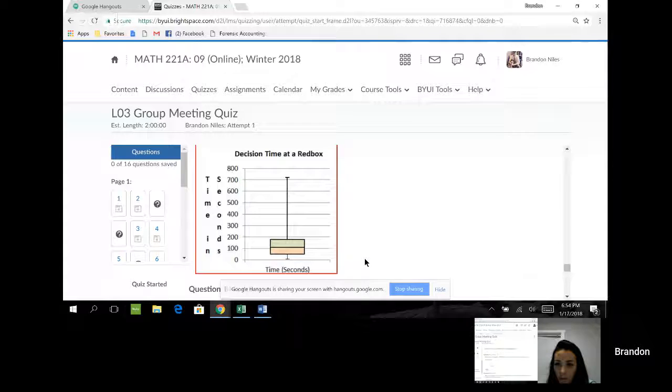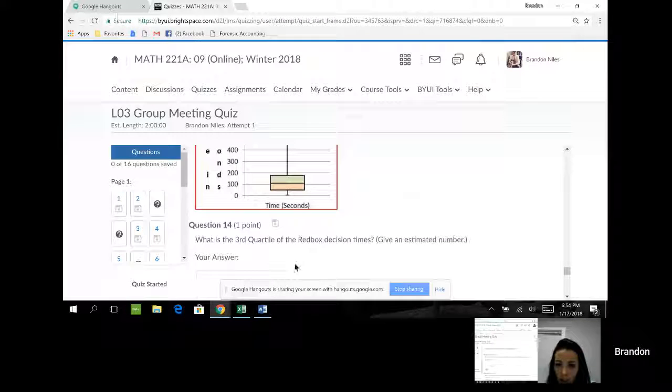Isn't it like 180? Yeah, 180, 190. I'd say probably 180. I think there's probably a range in here, so I don't think we'll be docked if we put either one. Right.